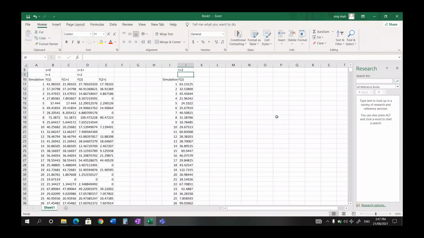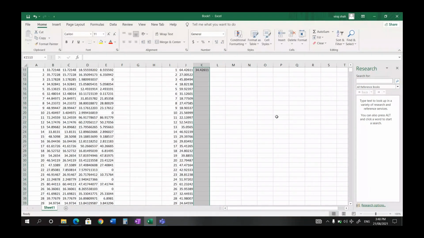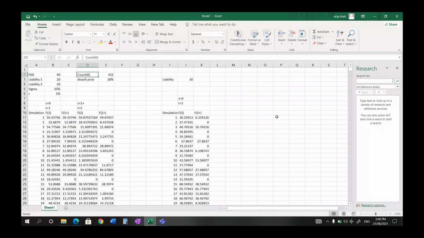Now I will calculate F2 plus, which is your fund value after your liability has been paid. That would be the maximum of this minus your liability, or 0, whichever is maximum. Now we'll calculate your count of 0 and probability of default.